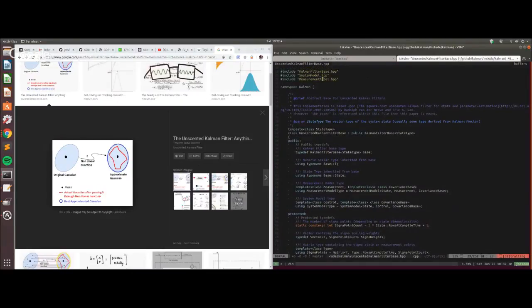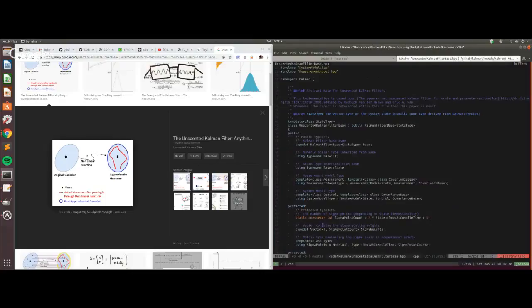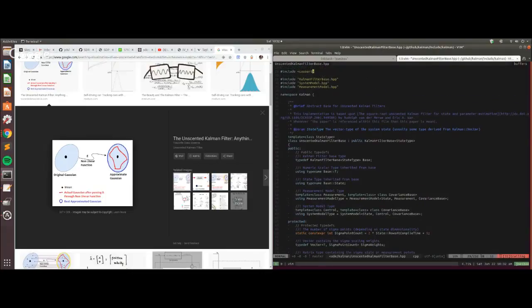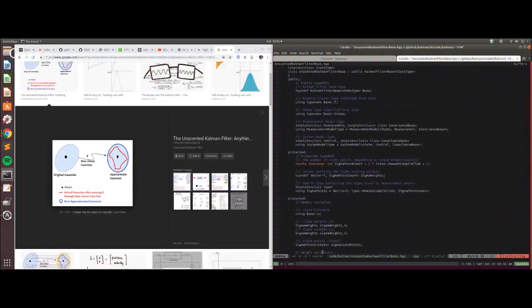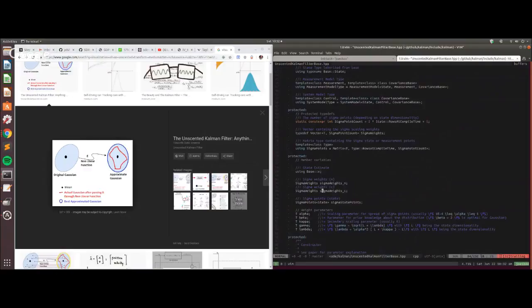I believe it's within types, but types comes in implicitly through the Kalman filter base. So now we're going to use the base's state estimate, and then we're going to set up these protected elements.